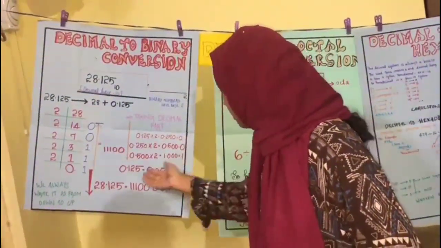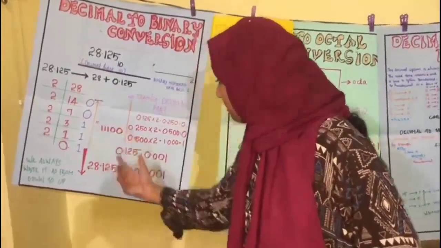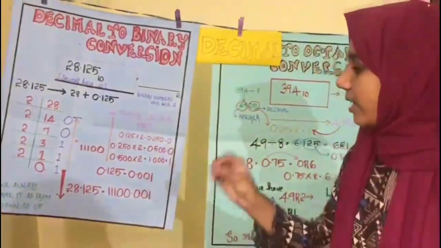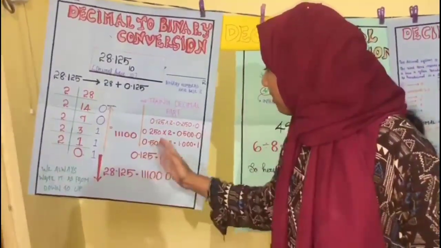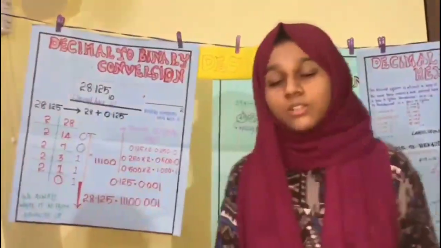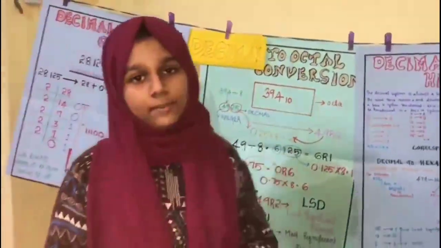So we write them together, and we will get this number. So 28.125's binary number is 11100.001.